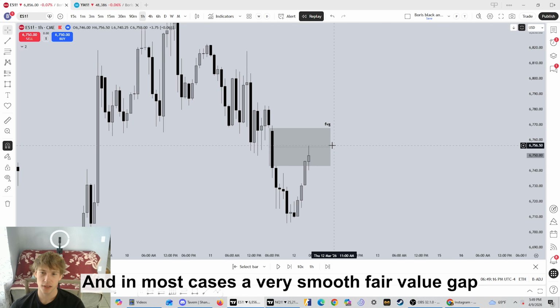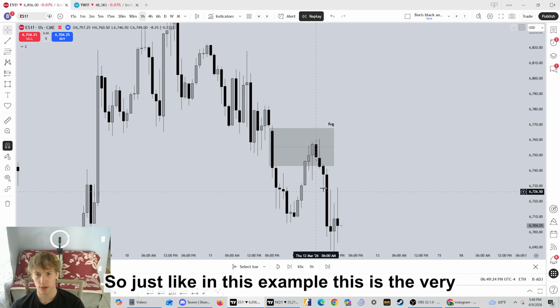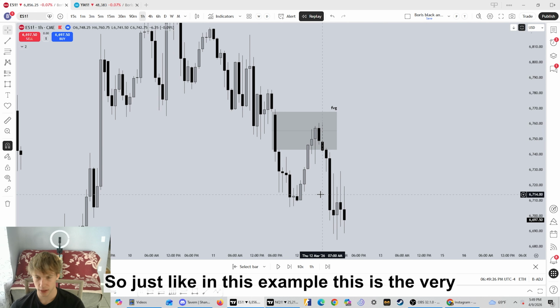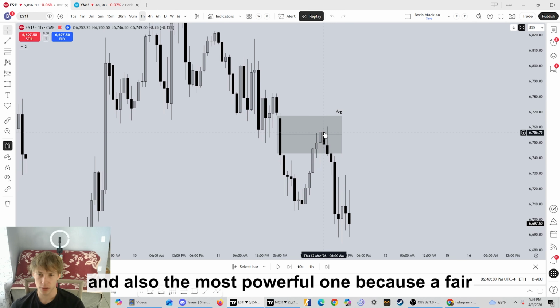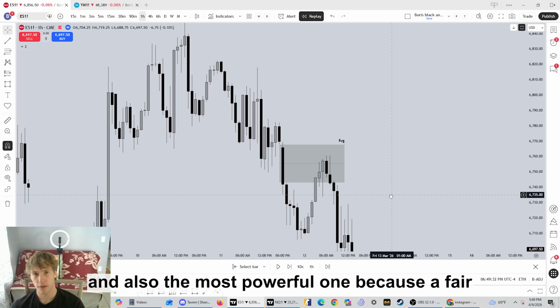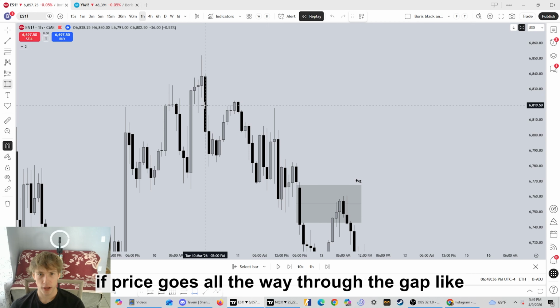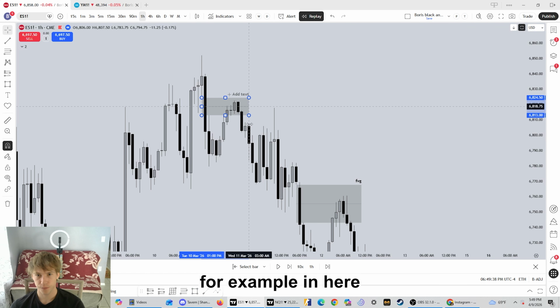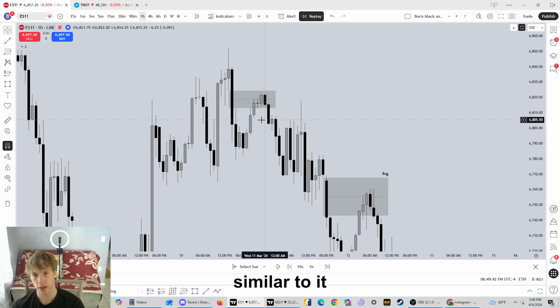In most cases, a very smooth fair value gap will hit the middle line, which is also called CE, and then it would bounce right off. Just like in this example, this is the very typical use of a fair value gap, and also the most powerful one. If price goes all the way through the gap, like for example in here, it closed, oh actually no, this is very similar to it.